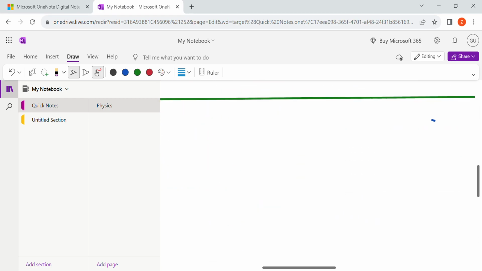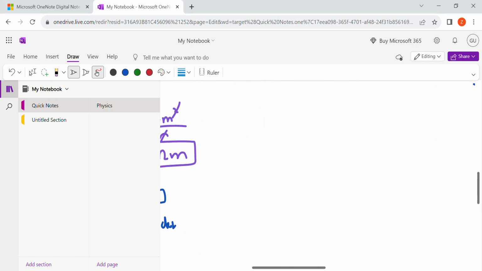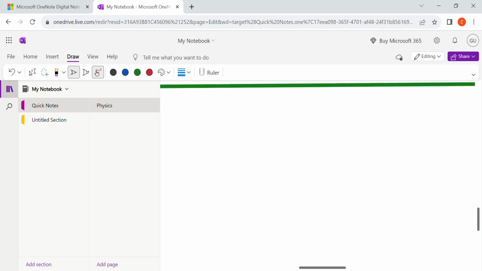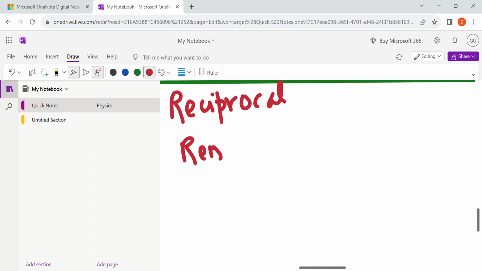Okay. So now we are going to discuss some important MCQs that might come in exams. Alright. So the reciprocal of resistance is known as what? Reciprocal of resistance is what? That is conductance. ठीक है?